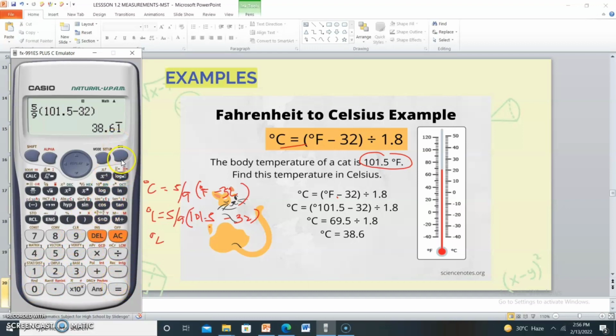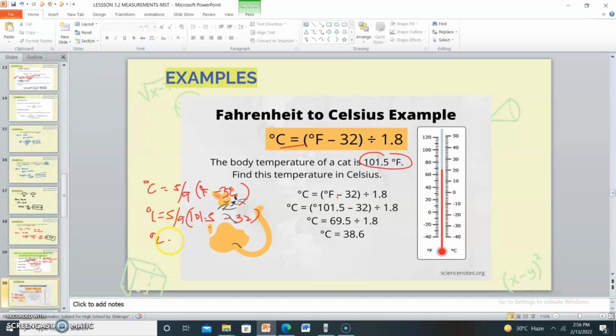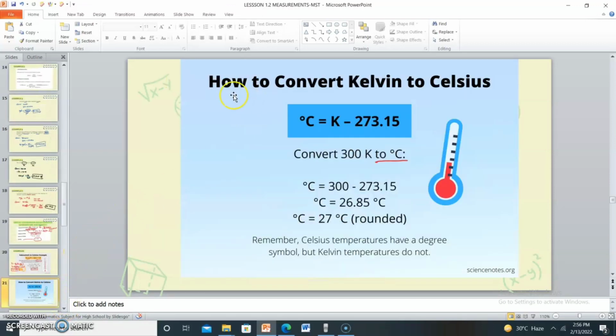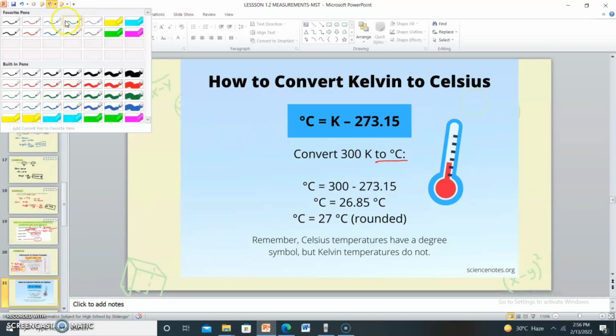So, almost the same, 38.6. So, that's the answer. So, next is Kelvin to Celsius.